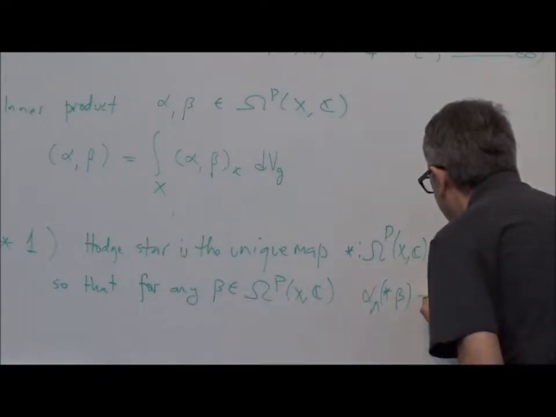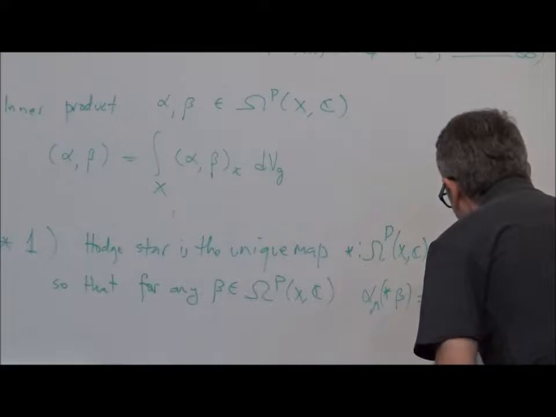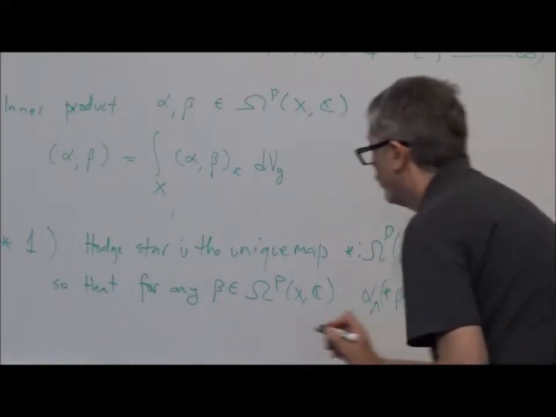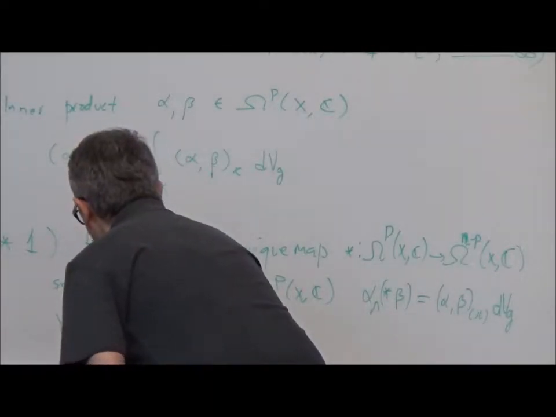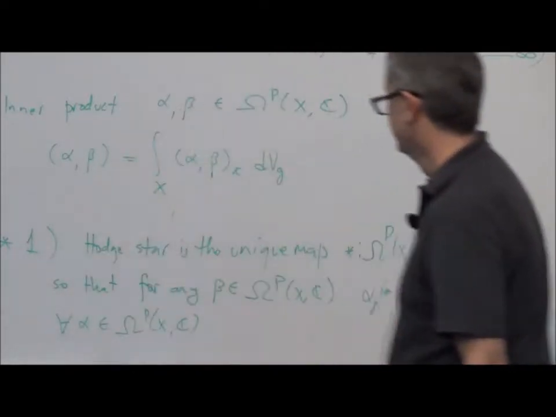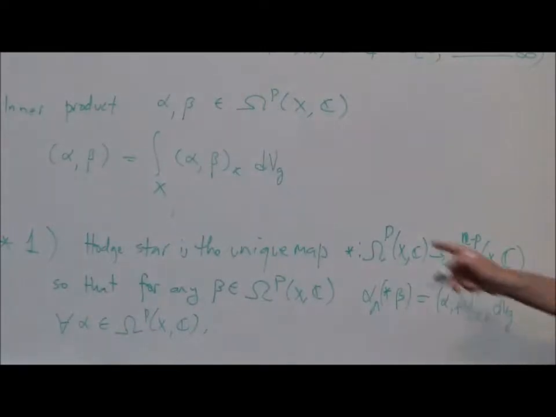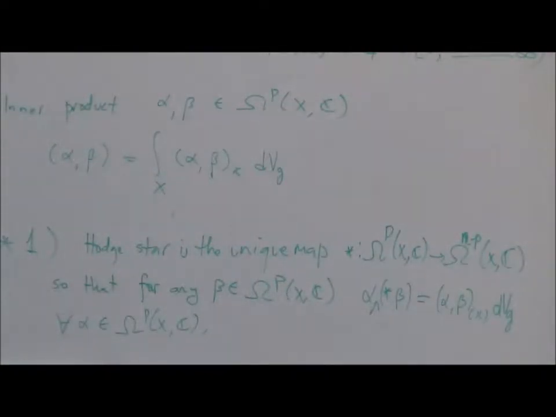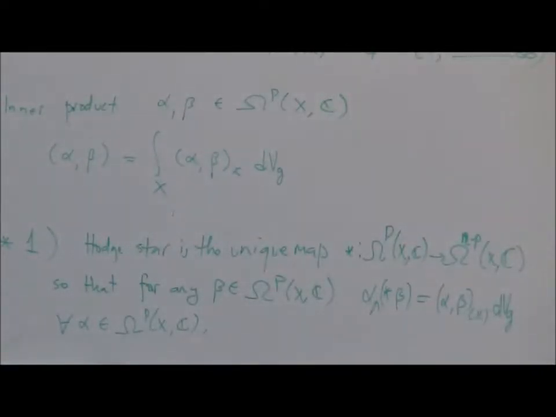And this is supposed to equal the inner product of alpha and beta evaluated at the point x times the volume form, for all alpha which are in omega p. So pick a beta, any beta you like, and this must be true for all alpha. And then that's unique. Definition number 1. That was fun.